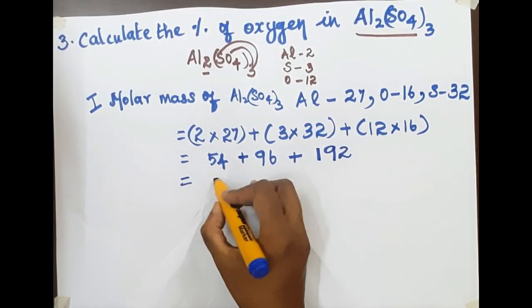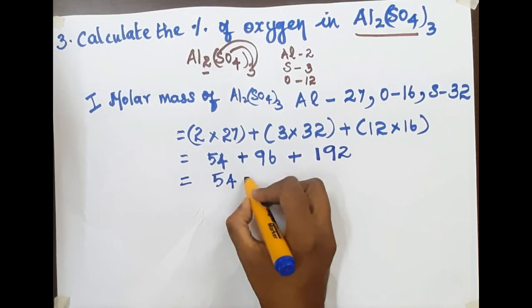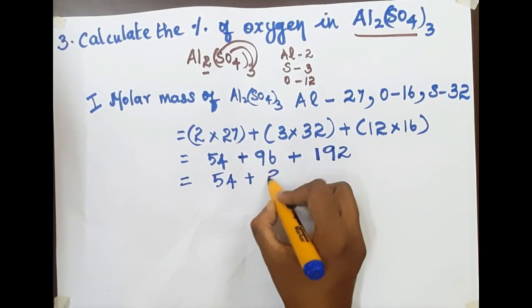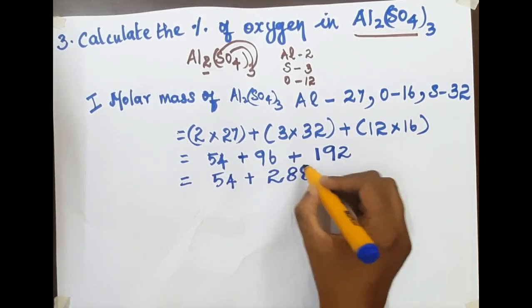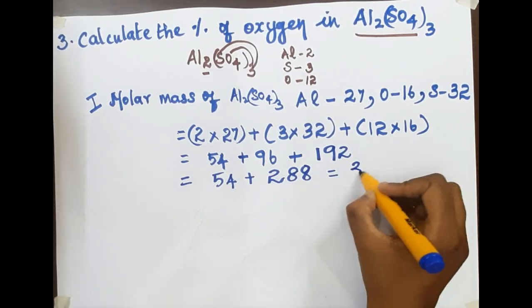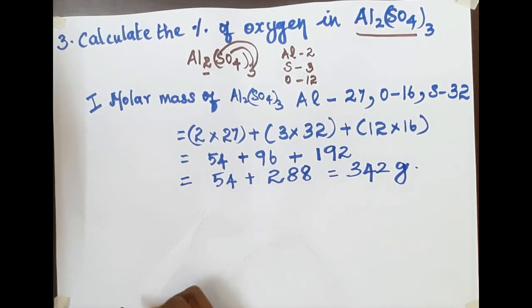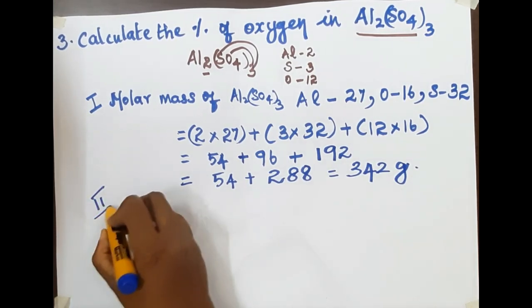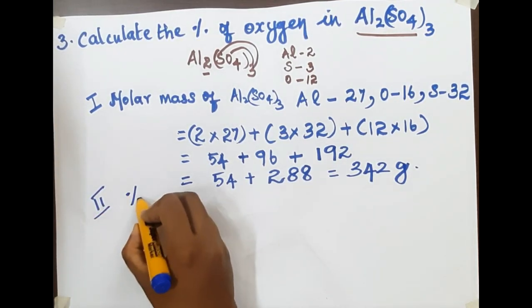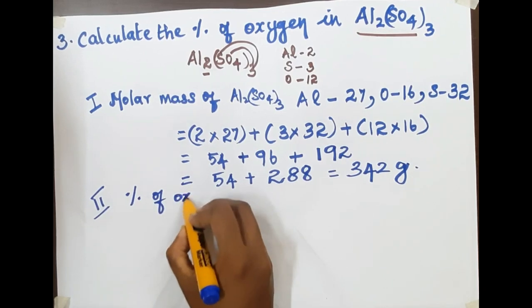Okay. Now 54 plus 288, that is equal to 342 gram.